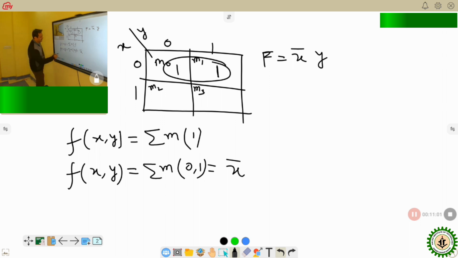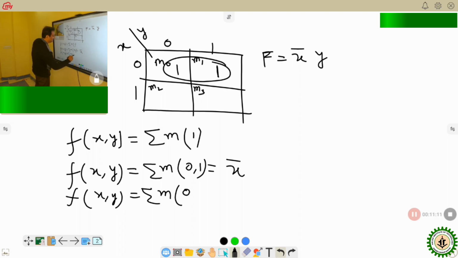Again, if I consider another example, suppose x comma y, this is the Boolean expression, and suppose m of 0 comma 1 comma 2. So what is the meaning of that? This is a Boolean function, and the logical operation is: in the 0 0 combination the output is 1, in the 0 1 combination the output is 1, in the 1 0 combination the output is 1, and only in the 1 1 combination the output is 0.